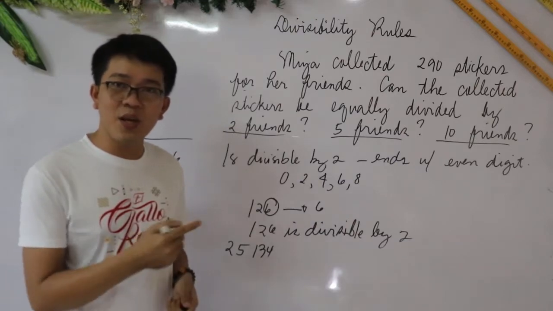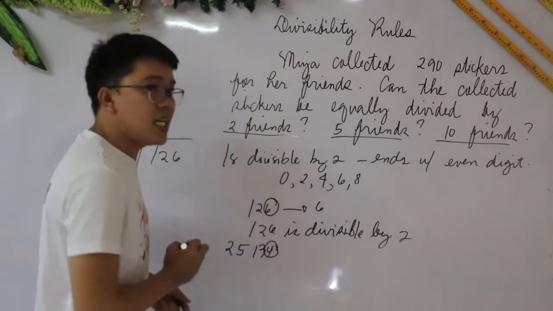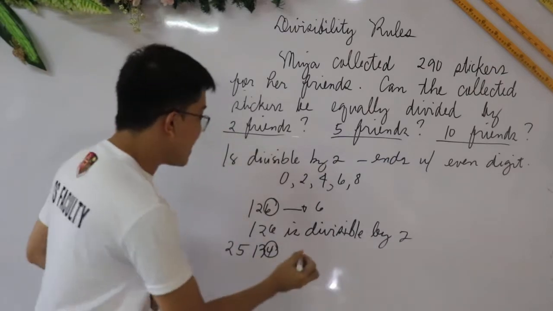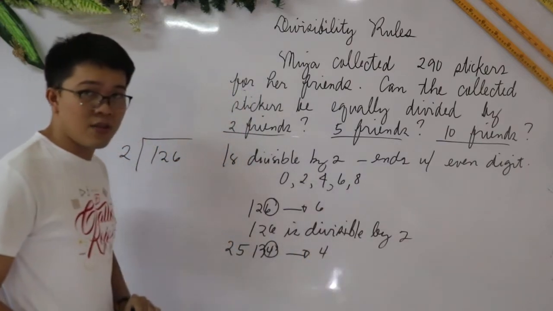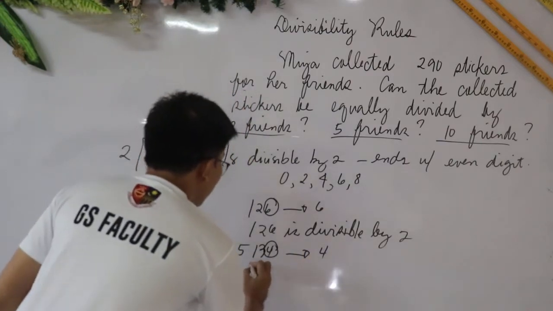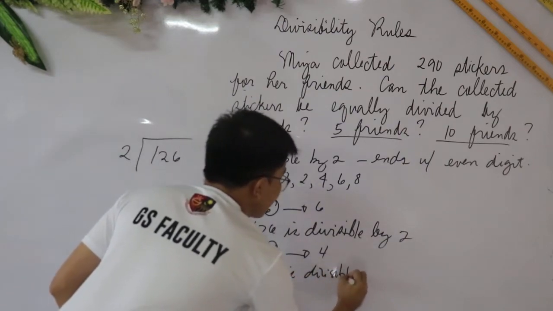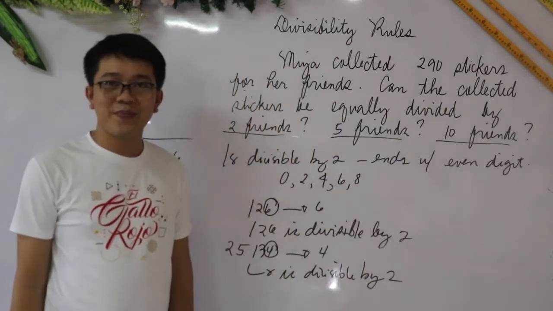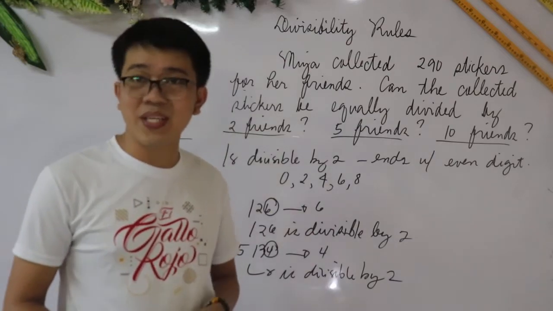What is the last digit of this number? Yes, it's 4. Is 4 even or odd? Absolutely, it's an even number. Therefore, 25,134 is divisible by 2. Look at how easy divisibility rule number 2 is.